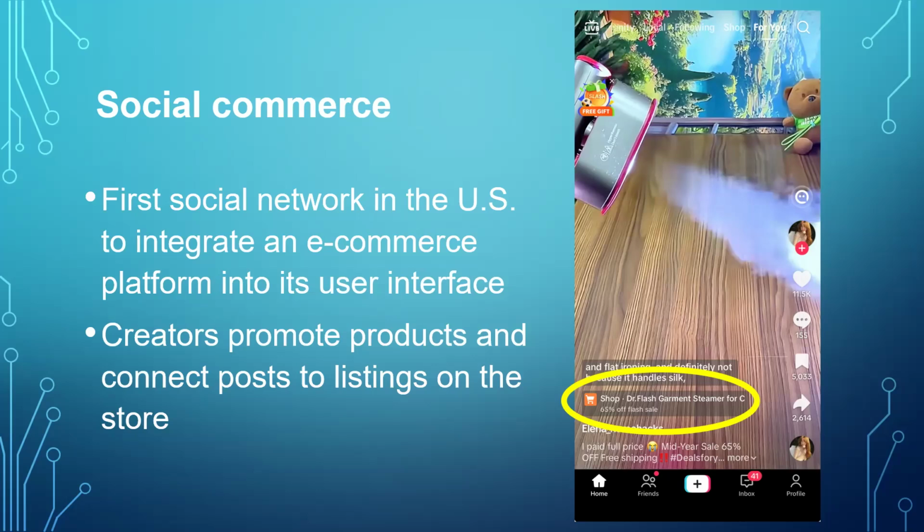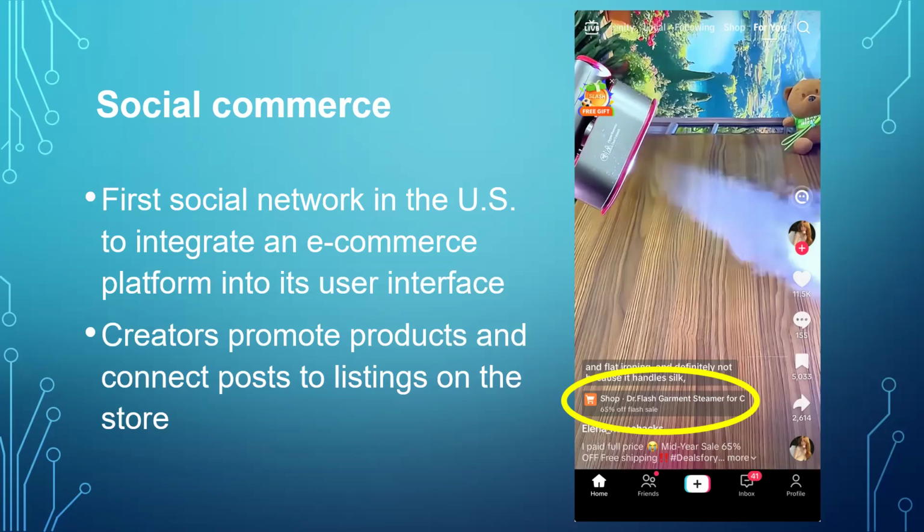I have circled in yellow a link to the product in the TikTok shop, because if you click that, you will then go to the product in the e-commerce section of the TikTok platform. You will also notice that here on the screen, the shop, the e-commerce platform, is not easily accessible from the homepage, from your general screen.